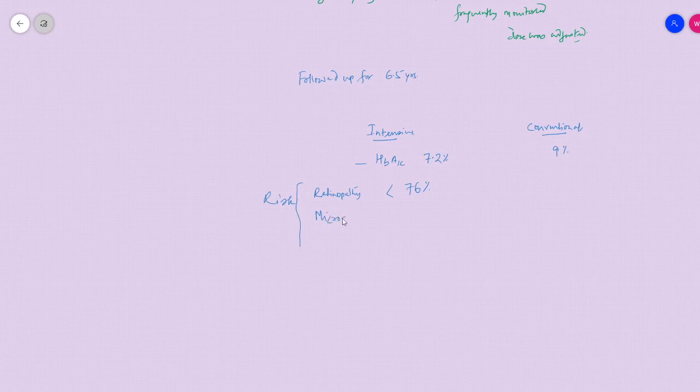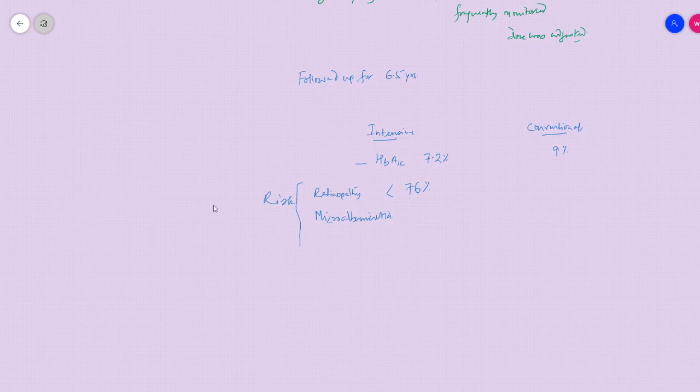And microalbuminuria. What is microalbuminuria? The presence of albumin in the urine. It's not supposed to be present normally. Only when there is a renal compromise, a problem with the renal tubules, do we get microalbuminuria.